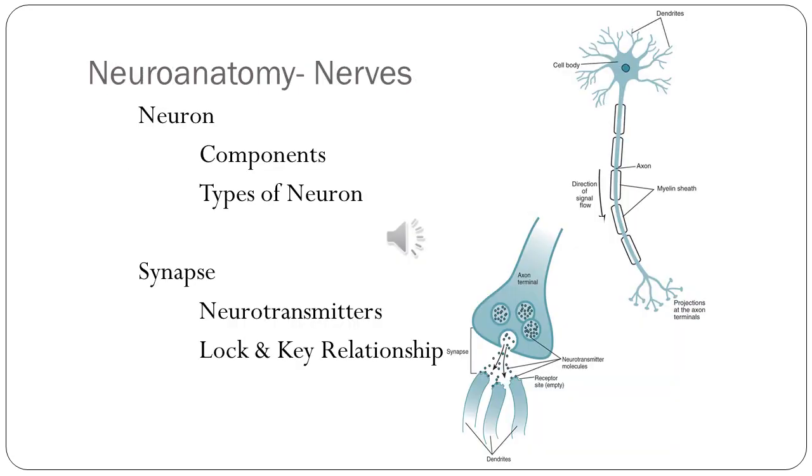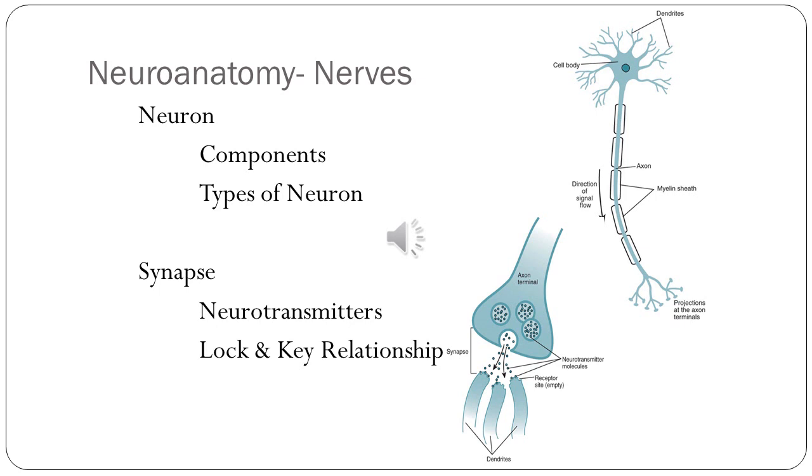Now, looking at our neuroanatomy, we're going to start looking at the anatomy and some of the physiology just in regards to the nervous system itself, not even so much as it relates specifically to pain. When we look at this, the basic functional unit of our nervous system is the neuron. In this picture in the upper right hand corner, we have a basic outline of a neuron with the components labeled.